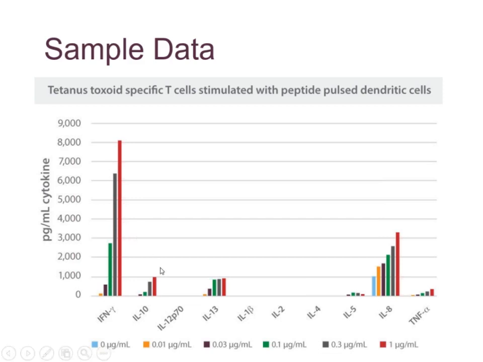What you notice right off, of course, is the large output of interferon gamma. And this cell line also makes some IL-10 and IL-13. There's a tiny bit of IL-5 and TNF-alpha. Again, these are a bit swamped by the fact that we've got 8,000 picograms of interferon gamma.